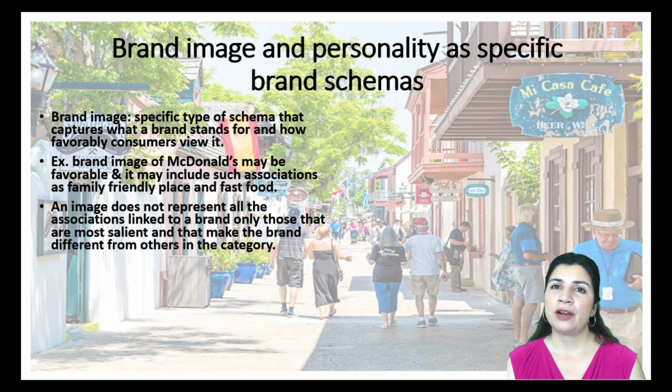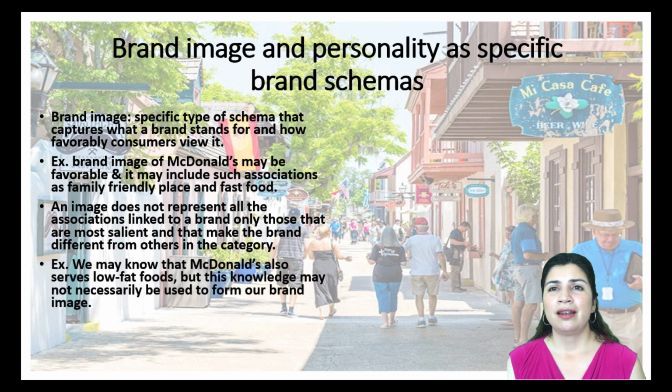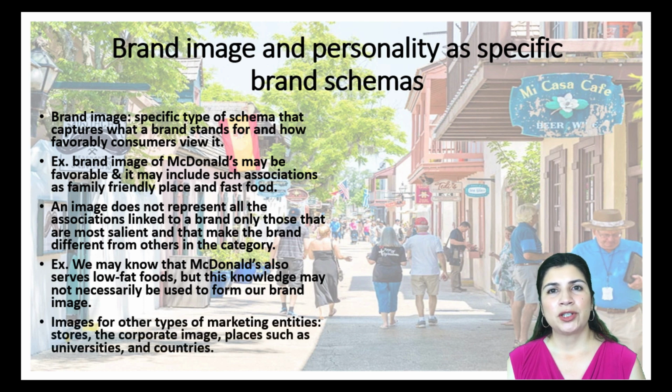Now, an image does not represent all the associations linked to a schema, only those that are most salient and that make the brand different from others in the product category. Although we know McDonald's serves low-fat foods, that knowledge may not necessarily be used to form our brand image of McDonald's. We also have images for other types of marketing entities, such as stores, the corporate image, places such as universities, and countries.